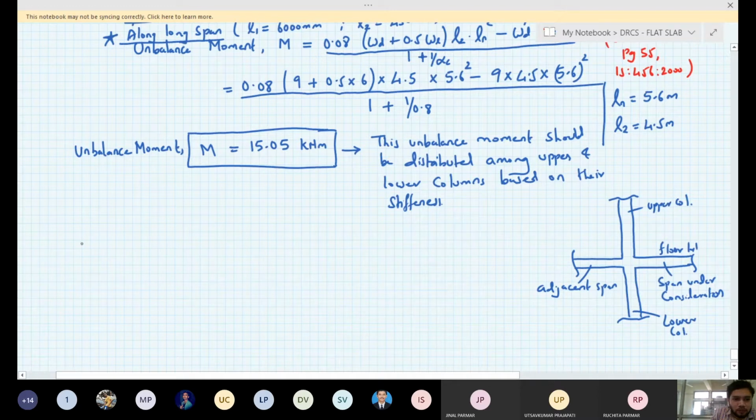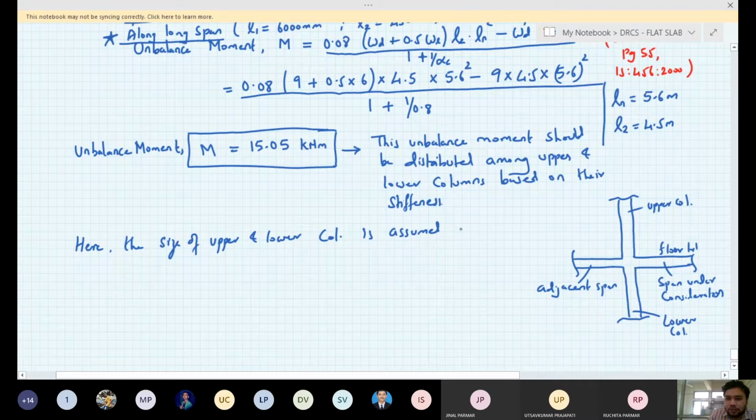Okay, so here the size of upper and lower column is assumed to be same.